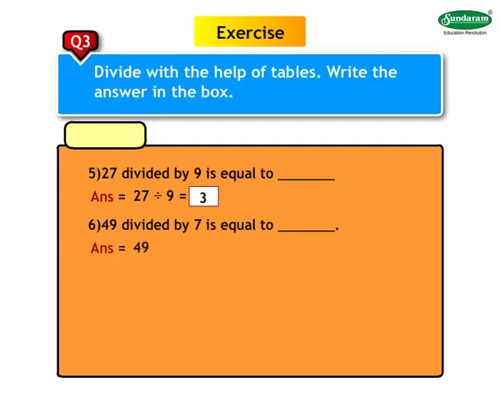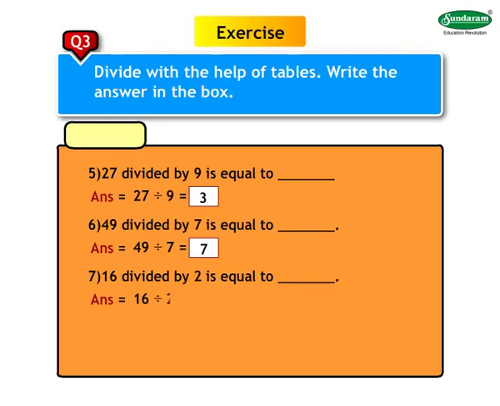Hence, 49 divided by 7 is equal to 7. 7. 16 divided by 2 is equal to dash. 2 multiplied by 8 is equal to 16. Hence, 16 divided by 2 is equal to 8.